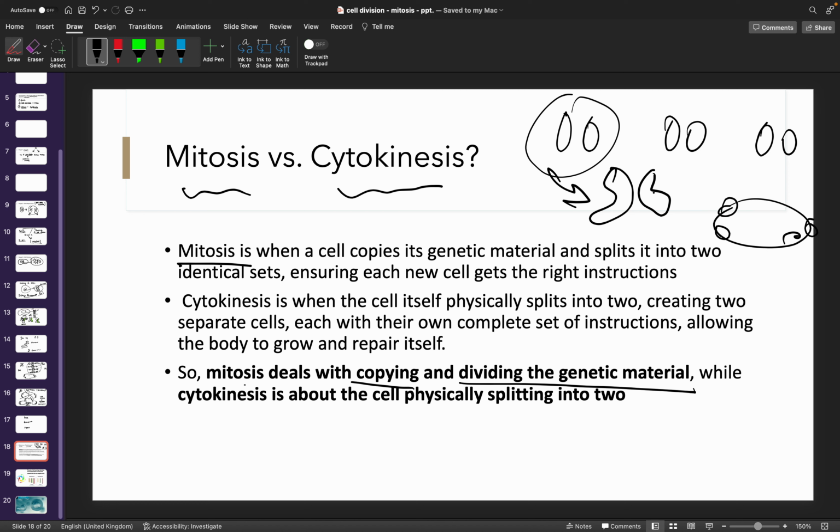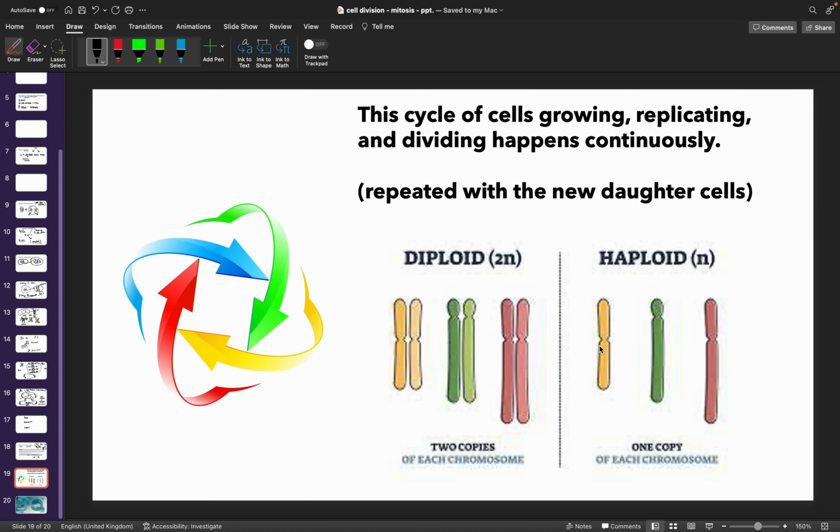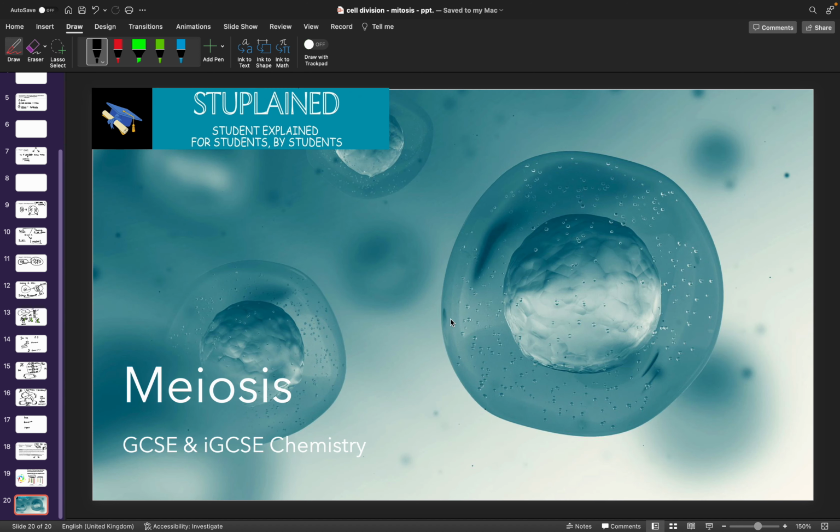And cytokinesis is when this physically splits into two, with the cell membrane and the cytoplasm pulling apart, creating two new daughter cells. So this process continuously happens, and the reason, now you should know, diploid versus haploid, why we need diploid, is because we copy each of these pairs of 23 chromosomes, and we make the X shape. And that is pretty much mitosis. And then the only thing left is meiosis, which is mainly for gametes and sex cells.